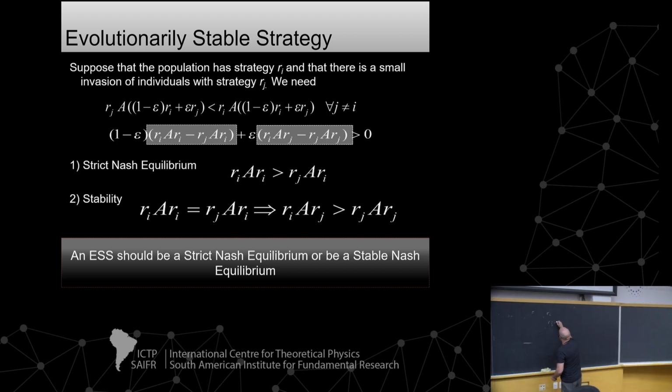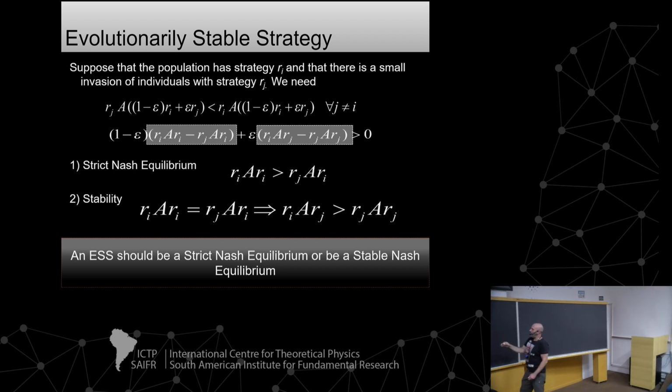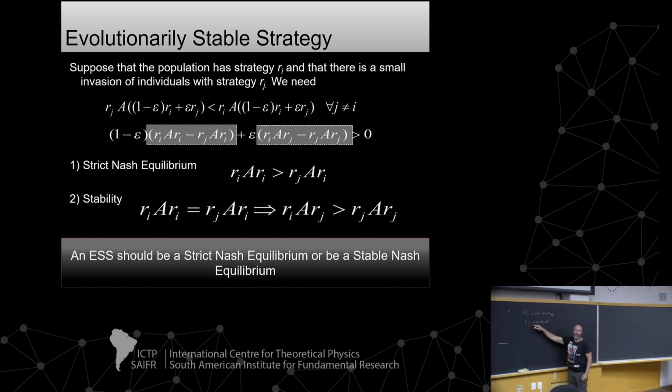So this is the mutant, and this is the old strategy. What I want is that the payoff of this strategy against the population is less than the payoff of this strategy against the population.